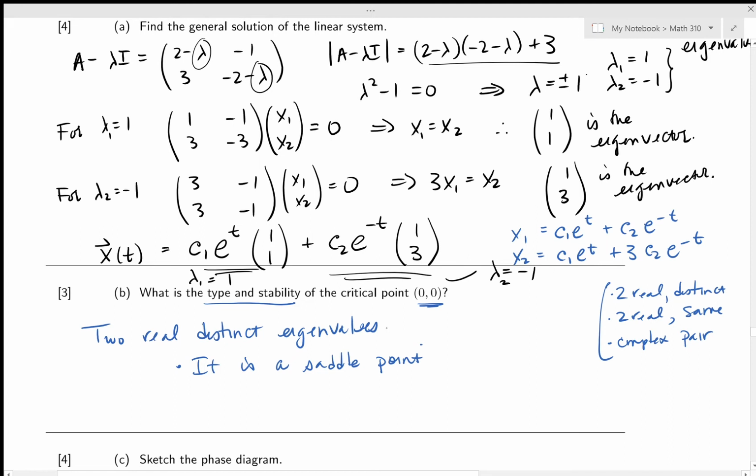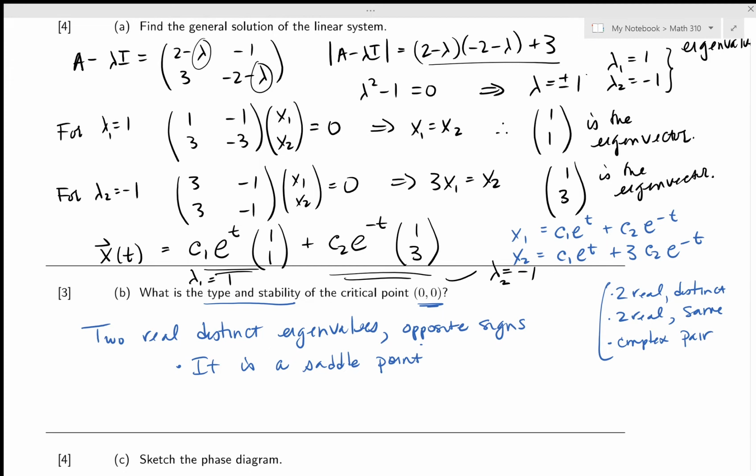Okay, and we got to be careful here. They're real and they're distinct, and they have opposite signs. Basically it means along one eigenvector you're going to be increasing, and on the other eigenvector you're going to be decreasing at that saddle point.